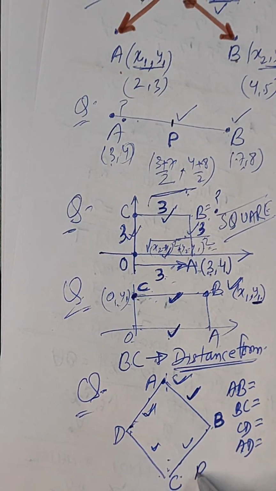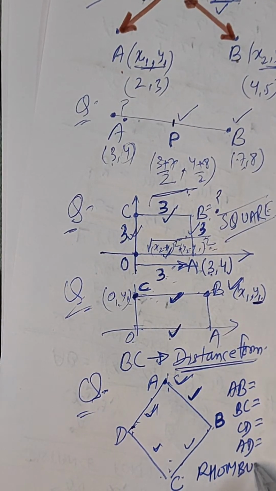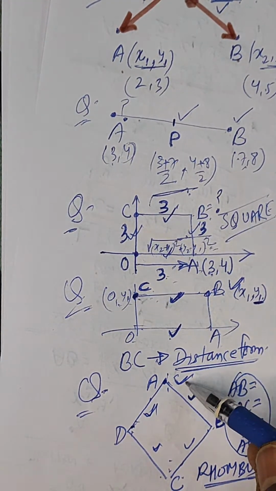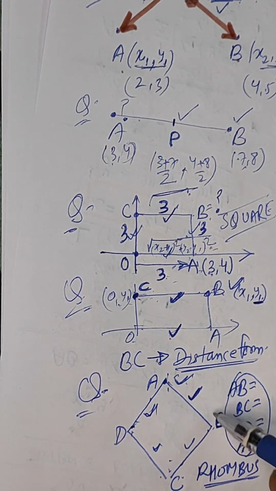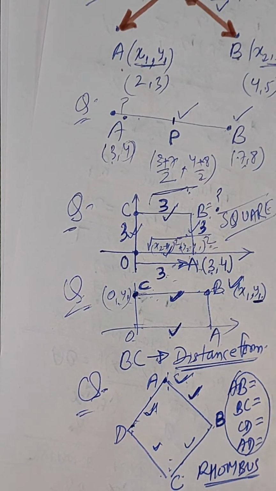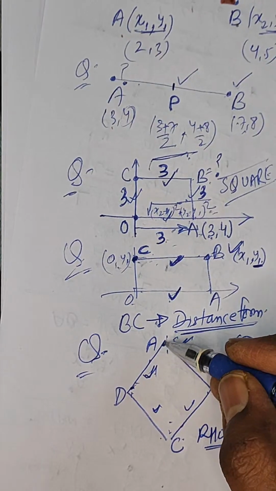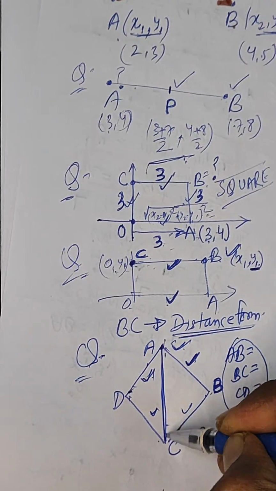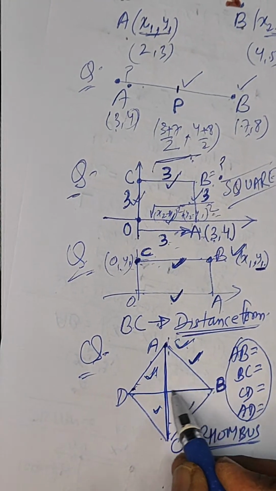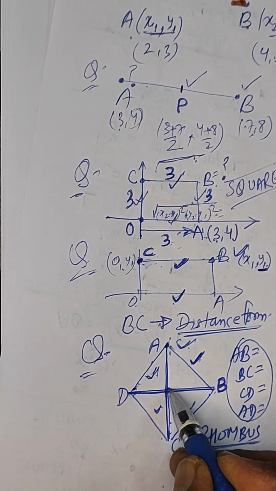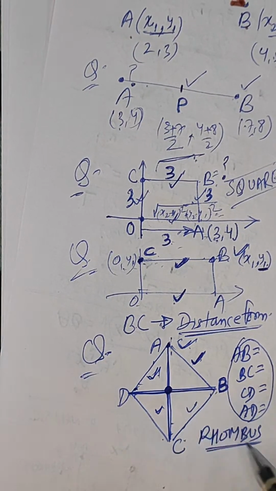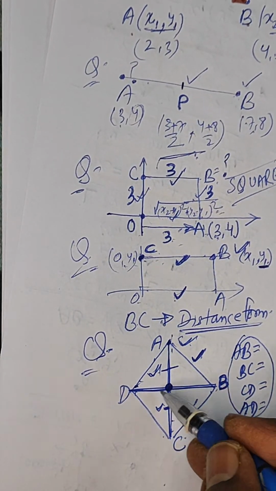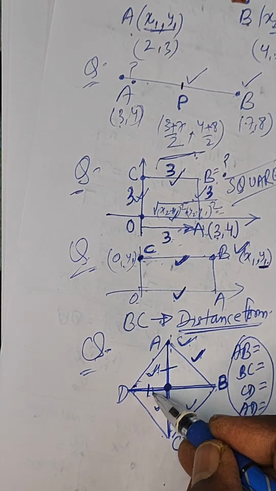So if it's a rhombus, we can have a basic understanding that all these four sides are equal. So for any of the missing items, using the distance formula, you can calculate the corresponding values, right? And we also know the basic property that if AC is a diagonal and BD is a diagonal, and the coordinate of this point is given to you, then definitely this will divide the corresponding diagonals equally.